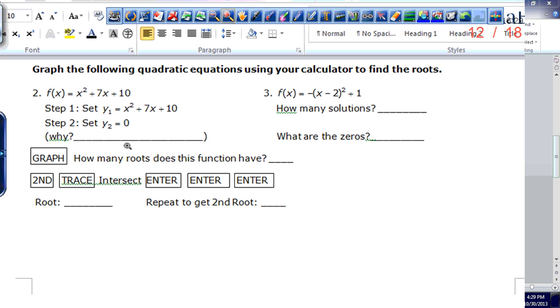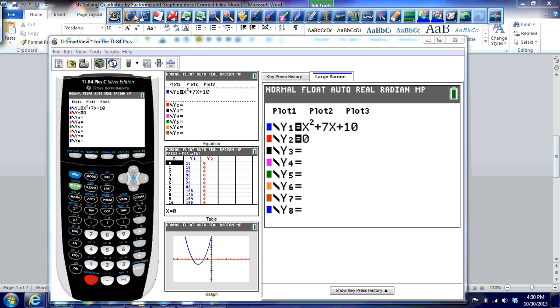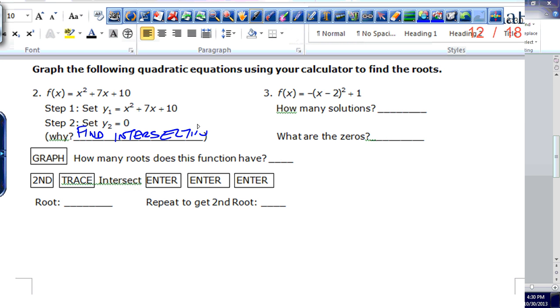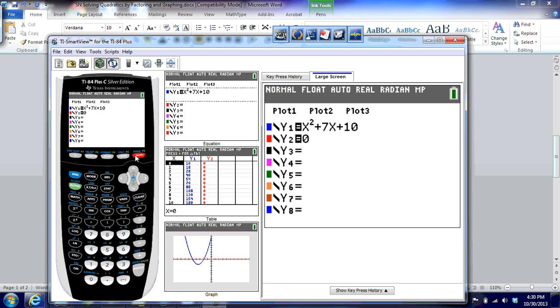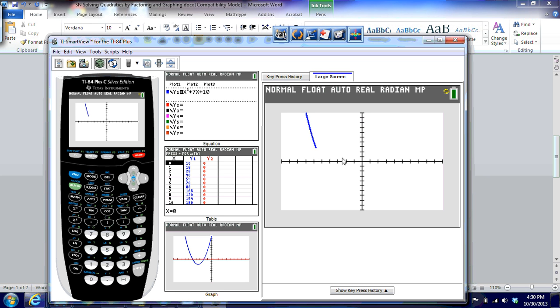From there, it wants to know why we're doing this: because we're going to find the intersection. So when I go back to this graph right here on the big screen, it looks like it crosses 2 times. I want to actually figure out what those 2 points are.